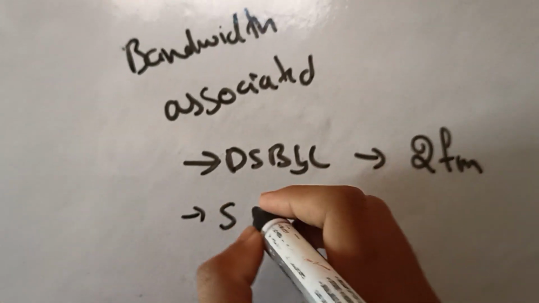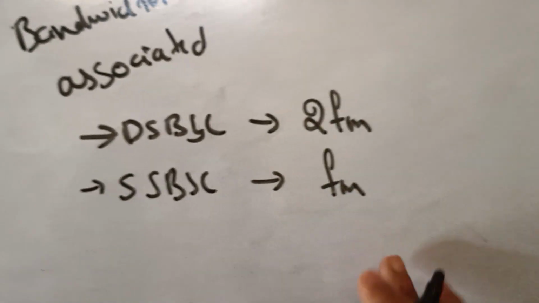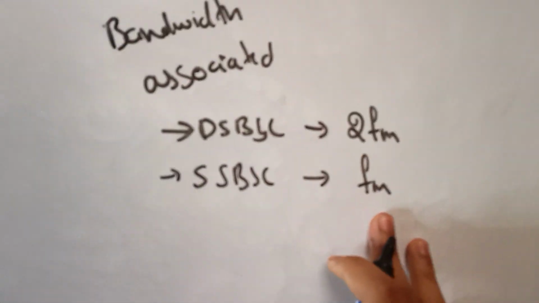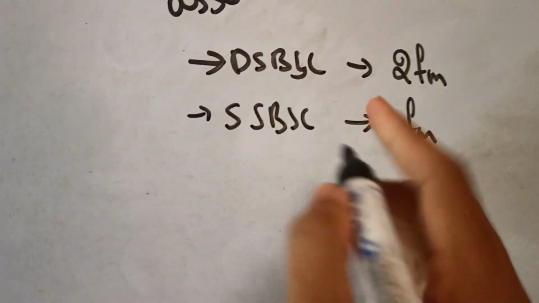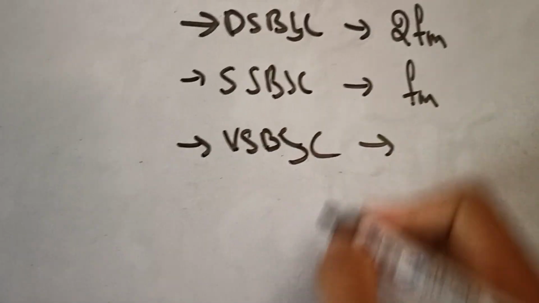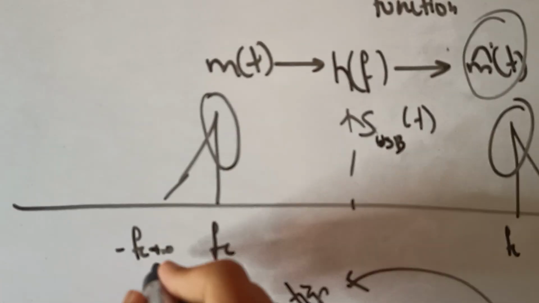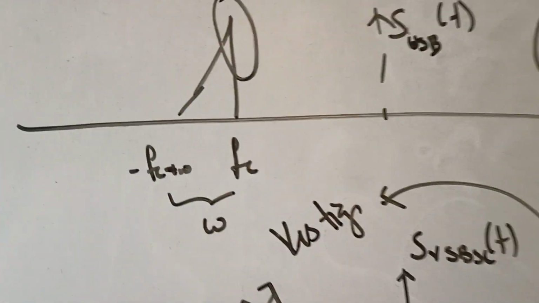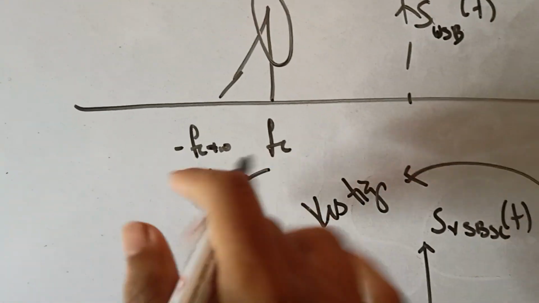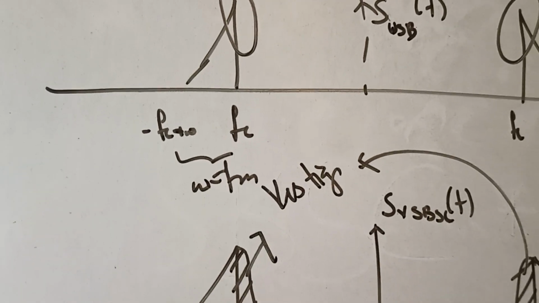For single sideband suppressed carrier, we used to have only the frequency of the message signal as a bandwidth to transmit it. But in VSBSC, we know that in the single sideband we used to have only W, that is W or FM, as a bandwidth to transmit it.